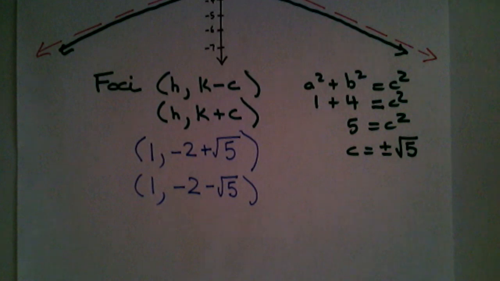And if you were putting it as an ordered pair, negative 2 plus rad 5 would give me about 0.2, and negative 2 minus rad 5 would be about negative 4.2.